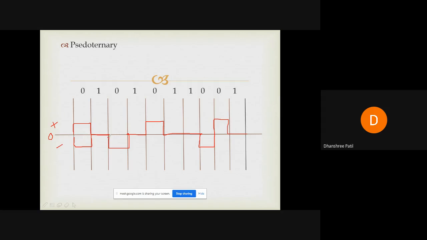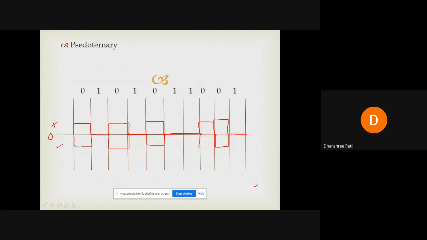Now here it is negative, so the next 0 will be positive. Again 1, absence of a signal. Then 0, as it was positive earlier, will be negative now. Now 1 again, then 0. Here it was negative, so it will be a positive signal. Again 0, so it will be negative. 1 is blank.